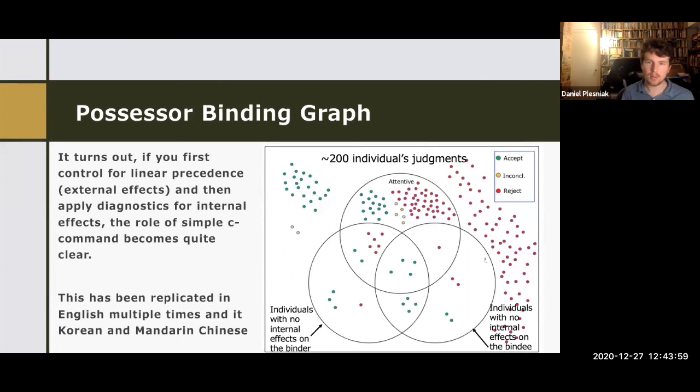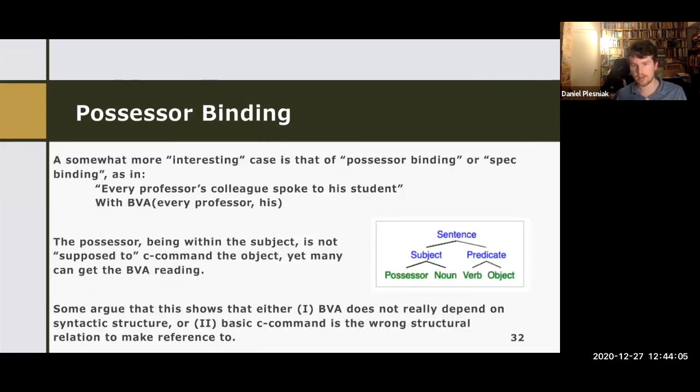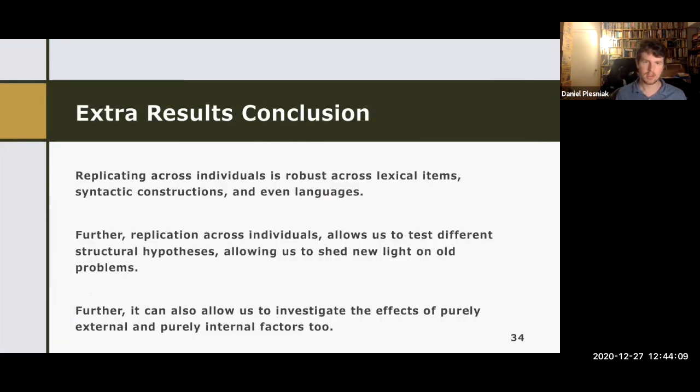So this is a nice thing that we're starting to learn. We still have a lot more work to do on this to really demonstrate that indeed it's C-command and not some other relationship that's modulating it, but this is a promising start for us. So just concluding about this section 3. Replicating across individuals is in fact robust across different lexical items, across different syntactic constructions, and even different languages.